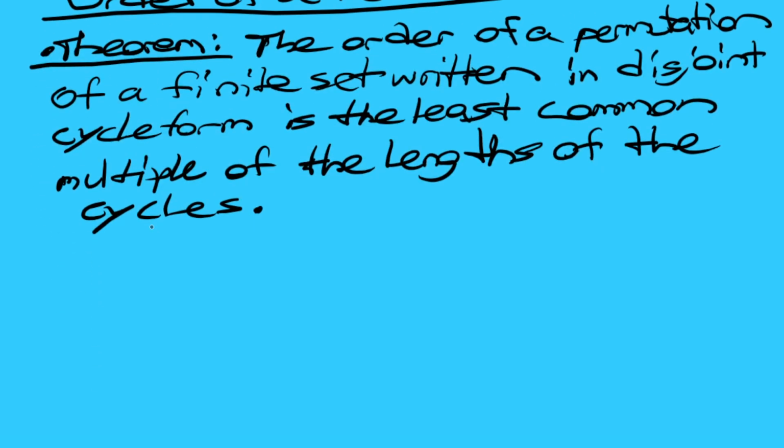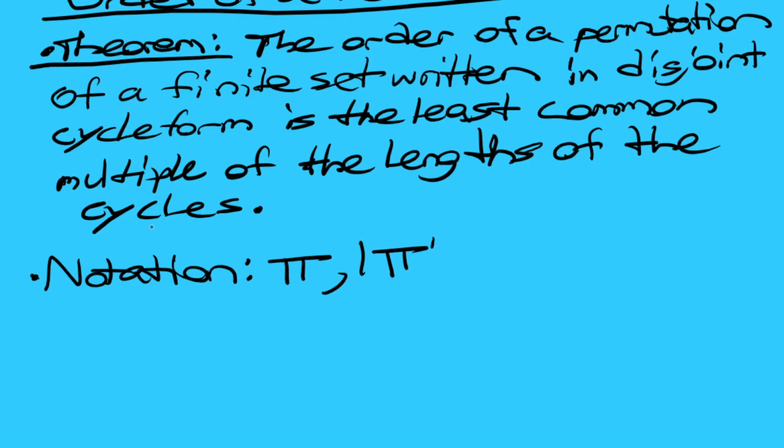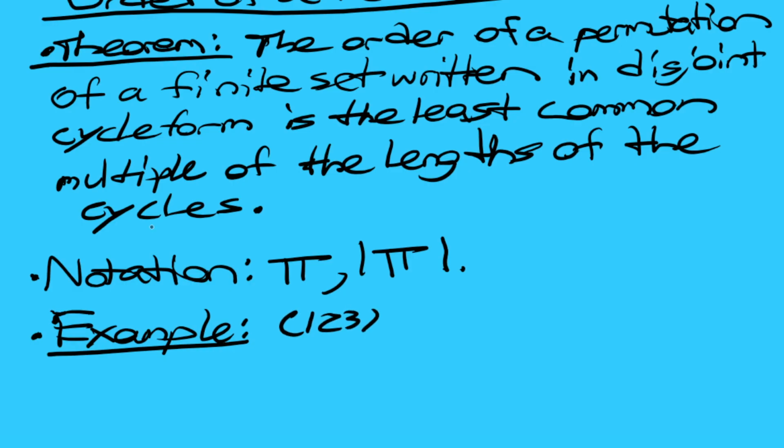And the notation used for this is often the pi symbol or order of pi. So an example of this, let's say we have the cycle 1, 2, 3, 4, 5, 6, 7, and then 8, 9.